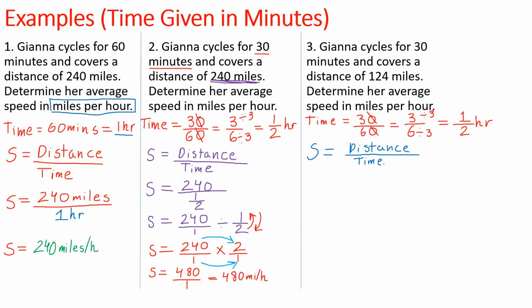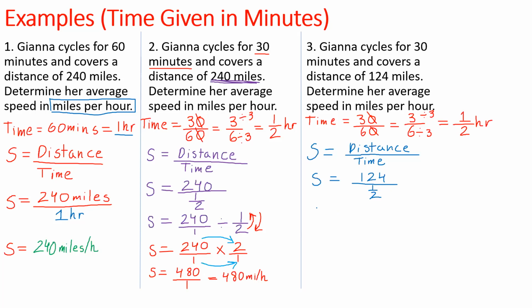What is the distance? 124 miles, good. Do we write in units for these ones? No, sir, we do not write the units. Over what is the time? Half an hour. So we put 1/2, right?